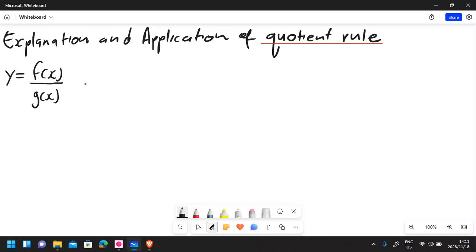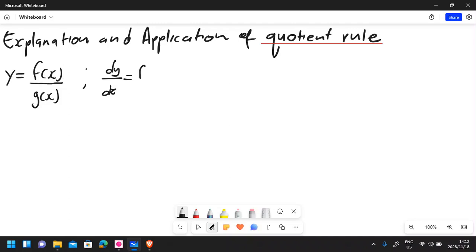And so in order for you to find the dy over dx of this function, what you need to know is the following formula. You start by finding the derivative of f of x, which in this case is our numerator.